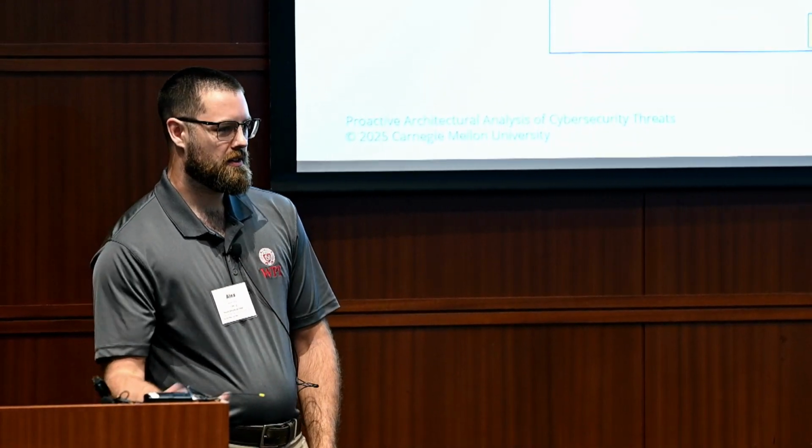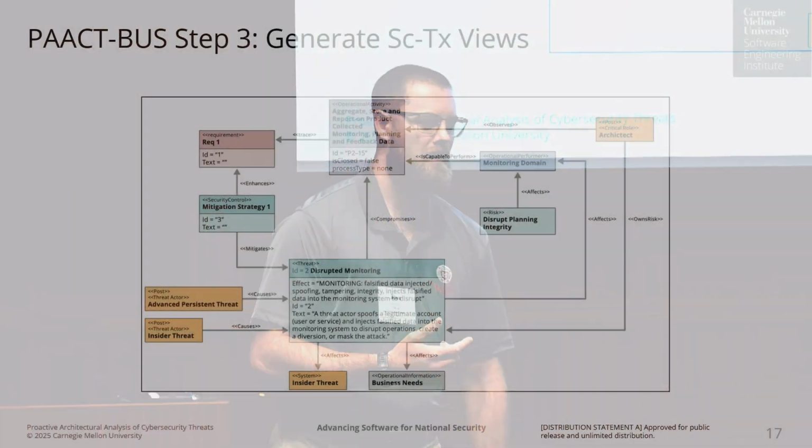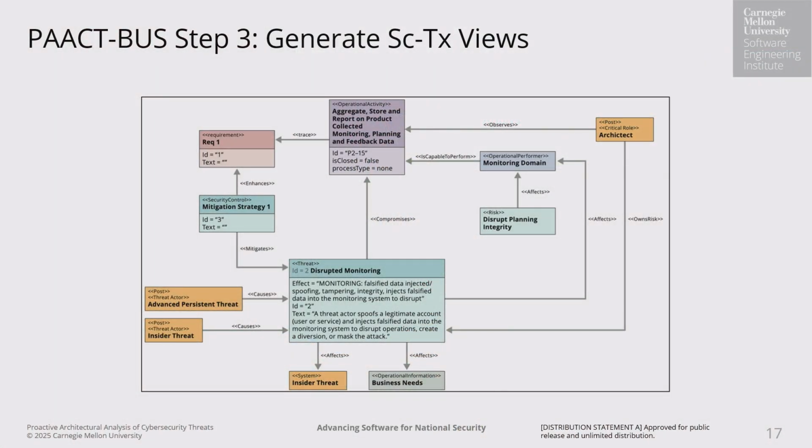So bringing it all together into the model, we want to generate the security taxonomy views that are going to represent all of the connections between all of our system elements for a particular threat scenario. A lot of boxes up here, but we'll start in the center with that teal box, disrupted monitoring.